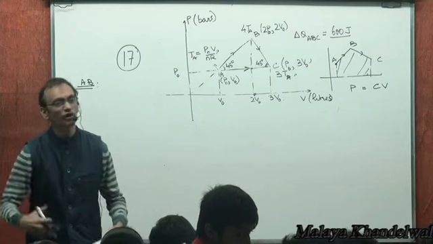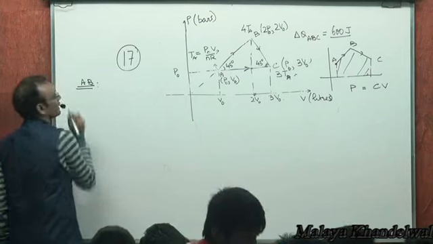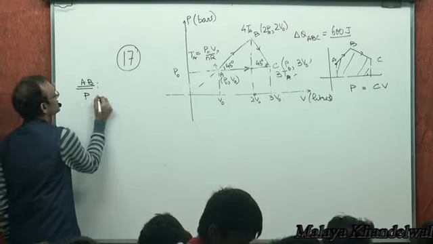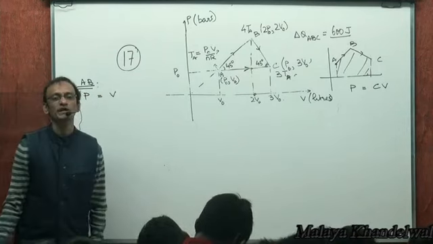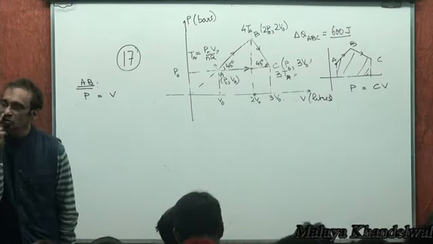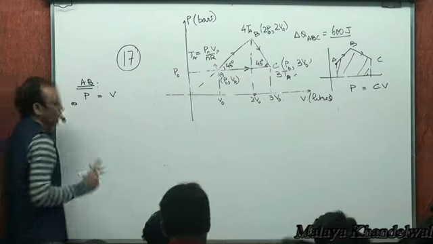The pressure temperature connection for various processes AB, BC and CA, right? AB is this line. The equation of AB is P equal to V. Yes or no? Right? We want to draw PT, right?